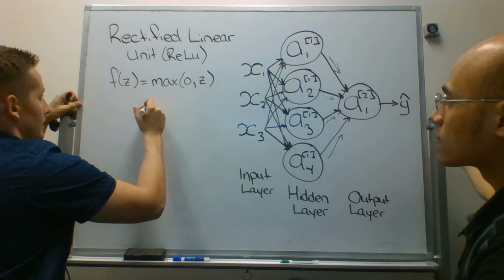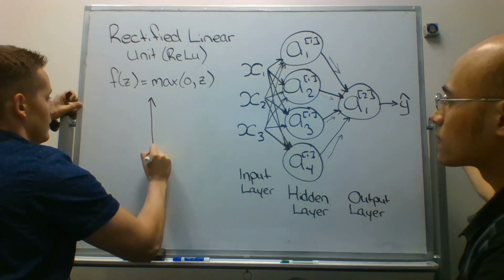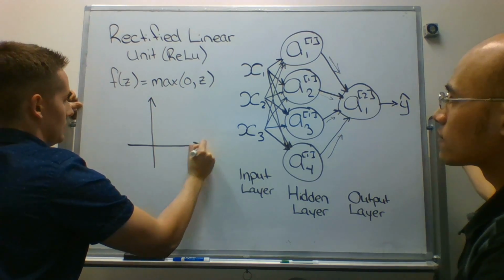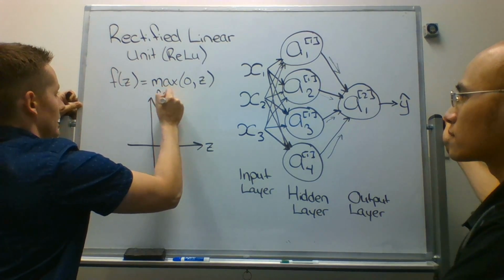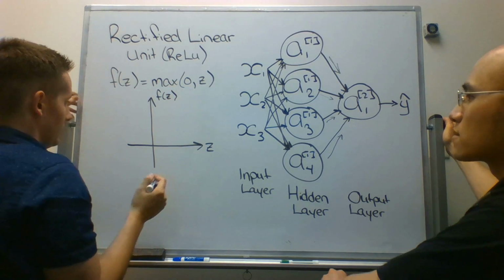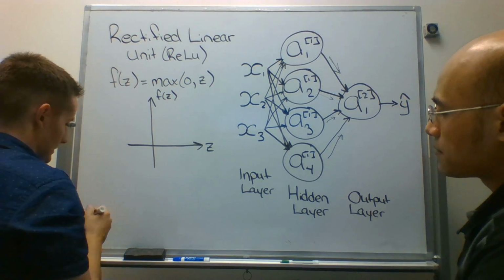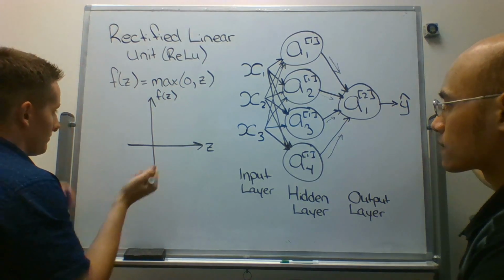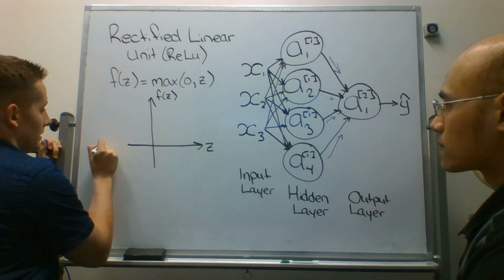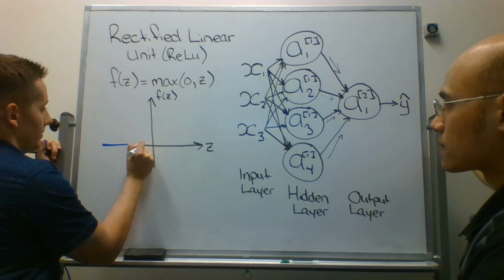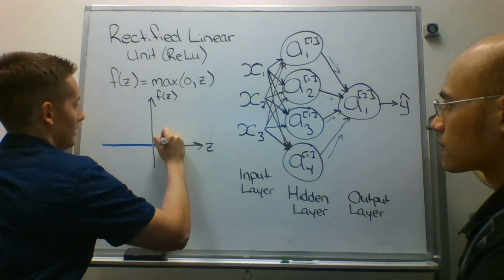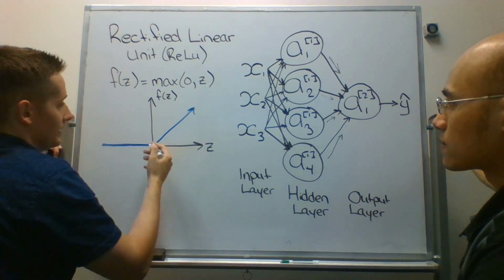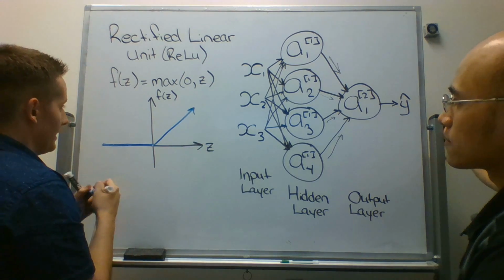And let's draw this. I put my crosses, z and f of z, and this follows, it's always 0 until it goes past 0, and then it goes up at a 45-degree angle and is just equal to z after that point.